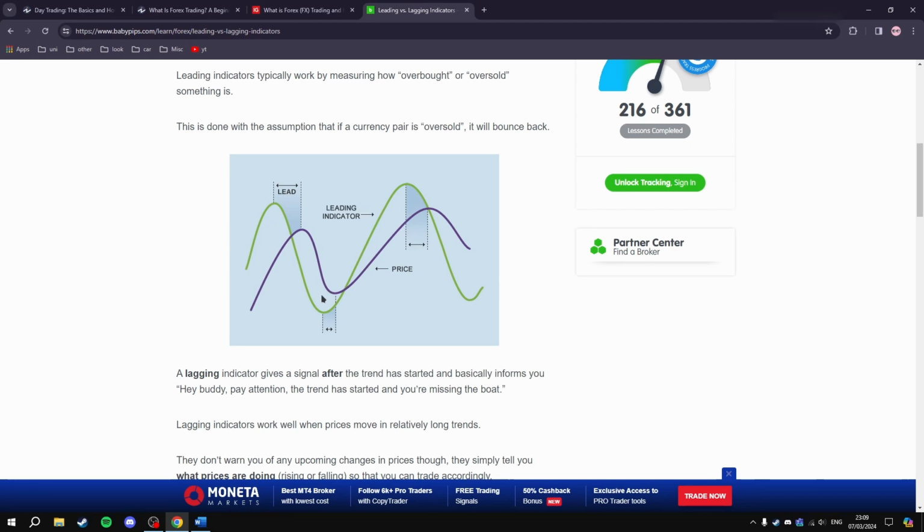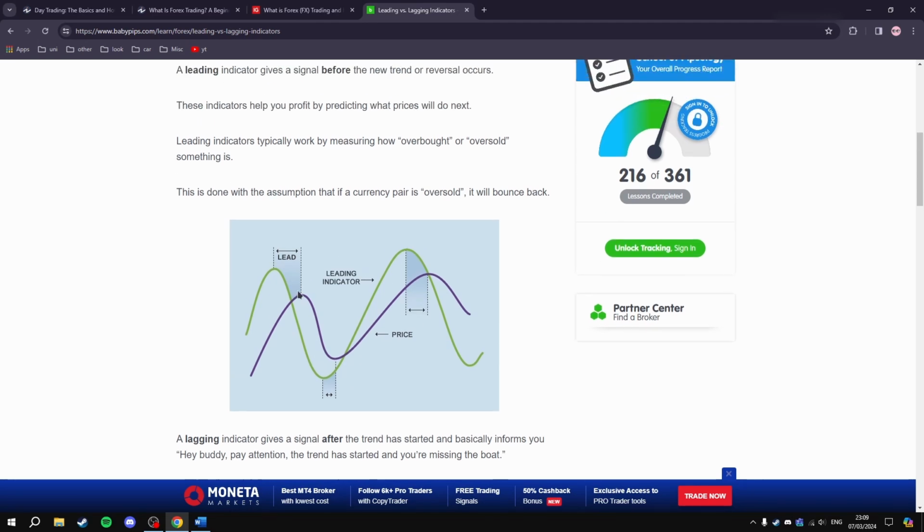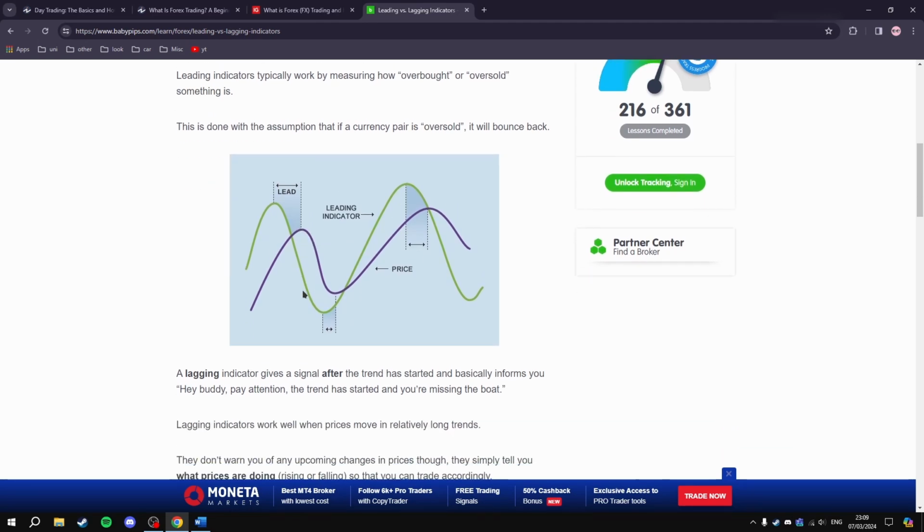Because if it measures what the prices will do next. Oh no, okay, so this is the actual price, this is the leading indicator. So things will go up, and then at this time it thinks it'll go down, and then this time it thinks it'll go back up. No, wait. That doesn't make sense as well.